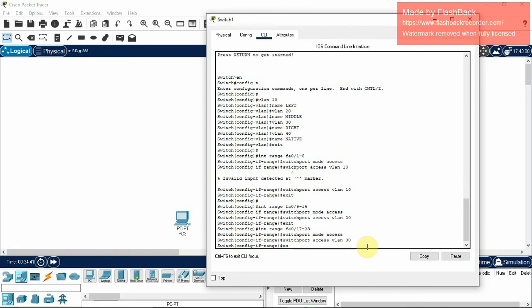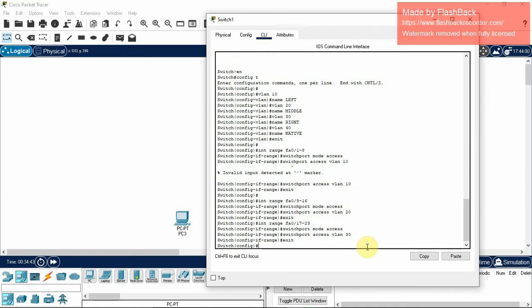And then we exit. Thereafter we're going to configure another interface, our last interface, because this one is interface 23, which is the last.